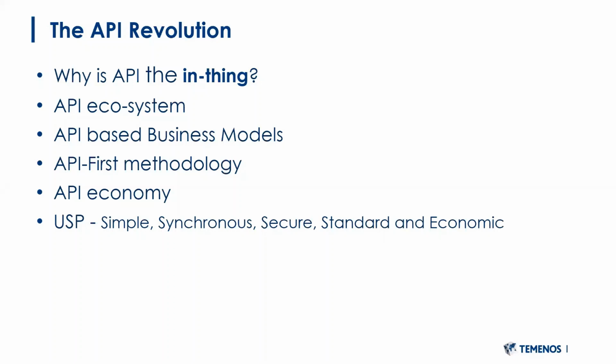In its latest form, API is revolutionizing the world. It enables varied businesses anywhere in the world to embed software capabilities of other platforms within their own applications in a very easy and economic way. I want to quote an example here. Assume you want to build a taxi rental application. You don't have a taxi, you don't have the maps, you don't have billing software, you don't have payments capability.